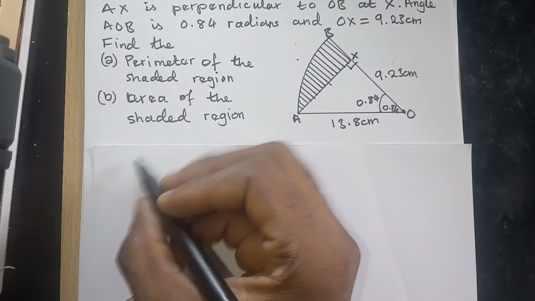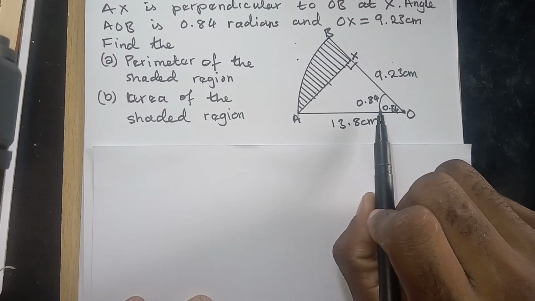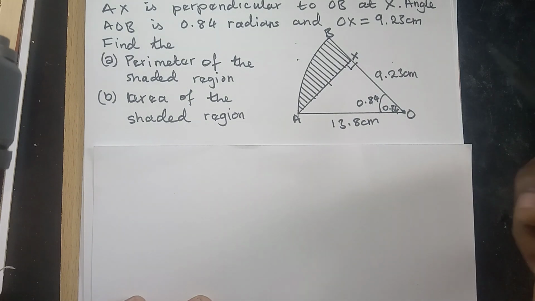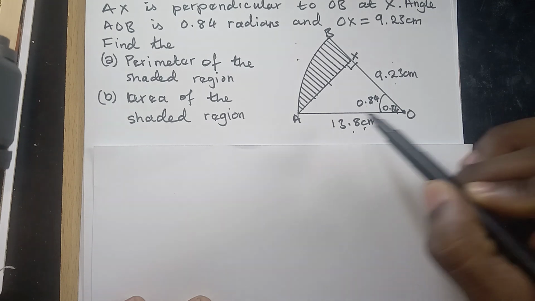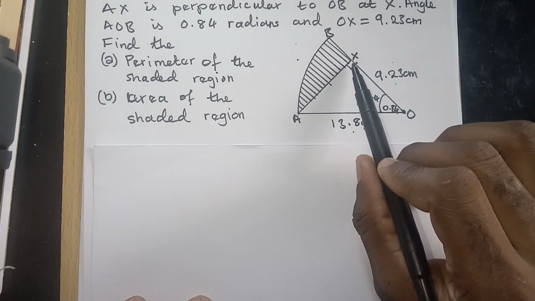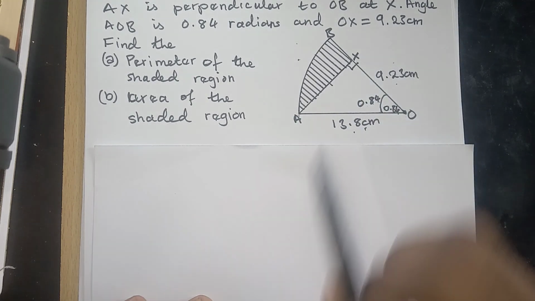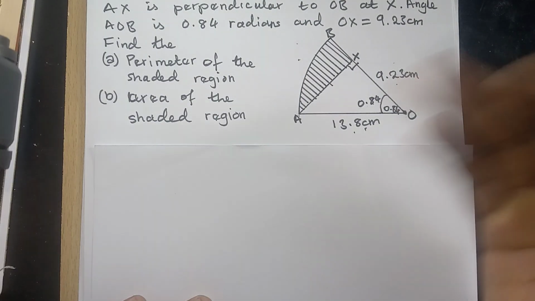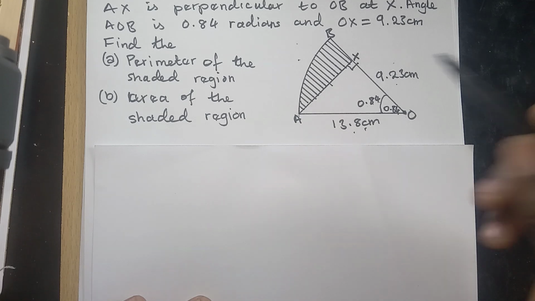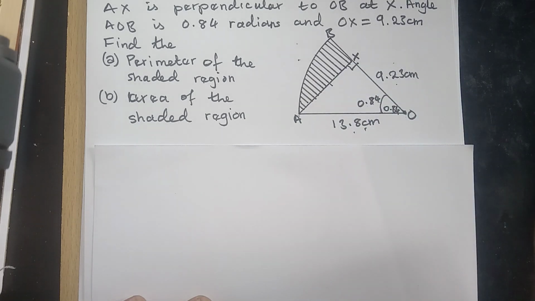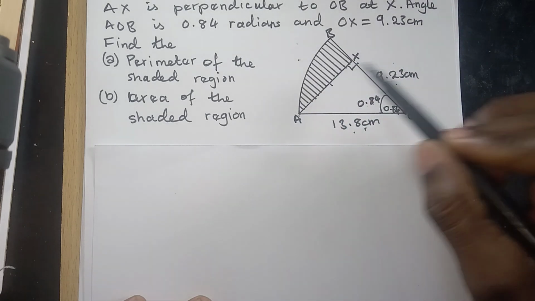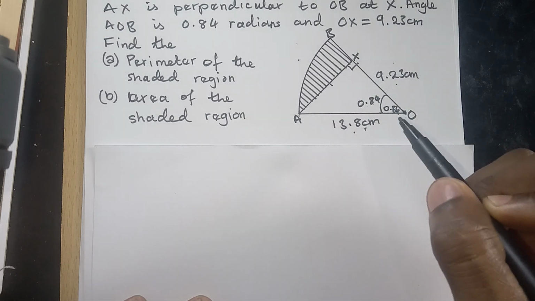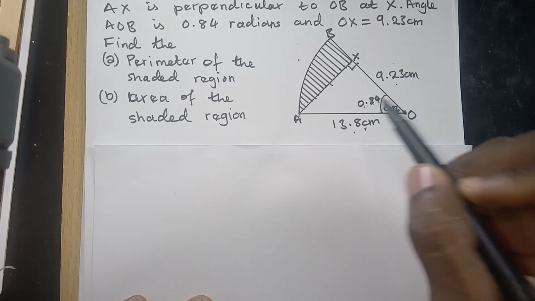So to find AX, we know that this angle is 0.84. In fact, you can use the Pythagoras theorem because this is known, this is known, this is unknown, and this is a right angle triangle. Or you can use any of the trig ratios which has the opposite. So you can either use tan, or you can use cos, or sine.